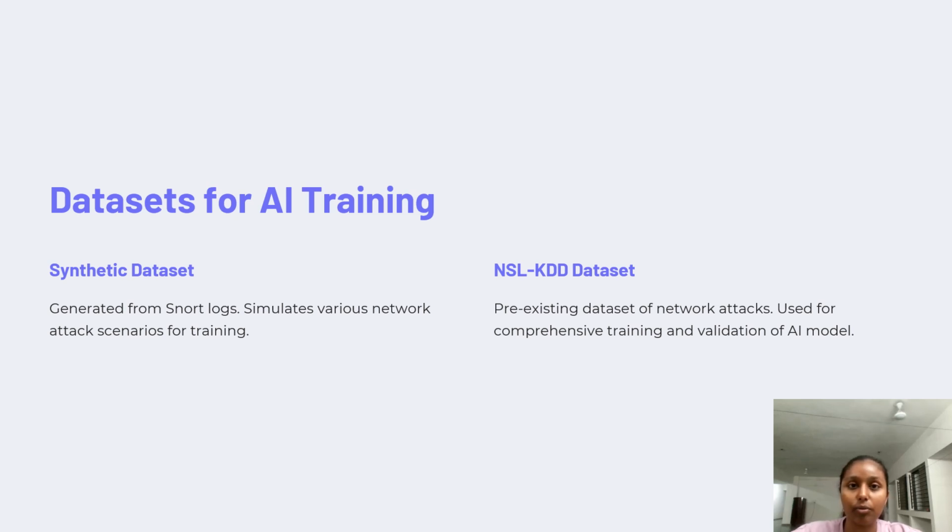So that CSV format becomes a synthetic dataset. And after training on our synthetic dataset, we have also trained our logistic regression model on the NSL-KDD dataset, which is a pre-existing dataset of network attacks. It is used for comprehensive training and validation of the AI model.